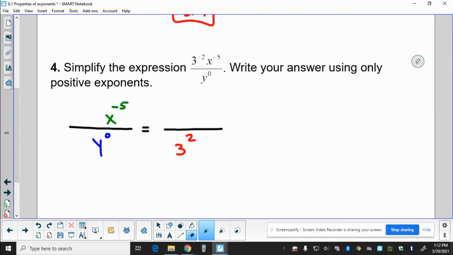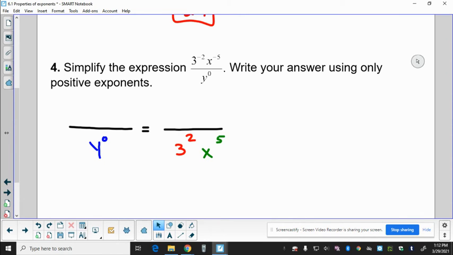Let's keep working on this. How about this? This also has a negative exponent. This will move into the denominator, and the exponent becomes positive. Now, what about this? Isn't that 1? It is.